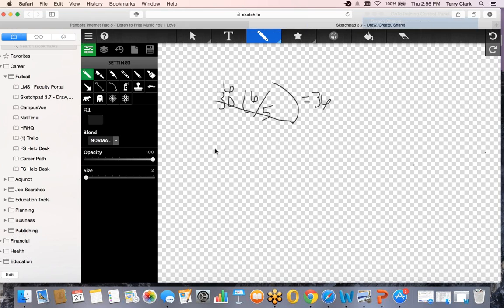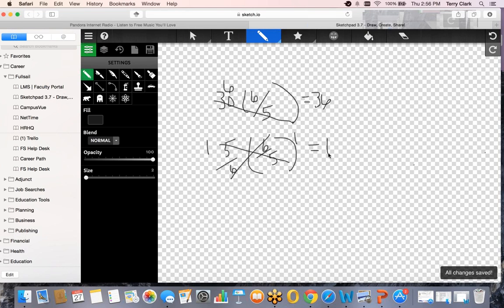Now, the reason why we use the reciprocal: let's say we take 5/6 like this, and then we multiply it by 6/5. We cancel here. 5 divided by 5 is 1. 6 divided by 6 is 1. And so in the end, 1 times 1 is 1.